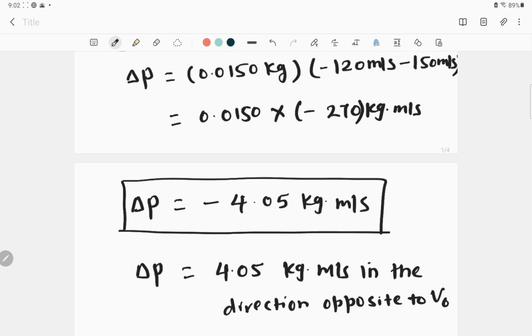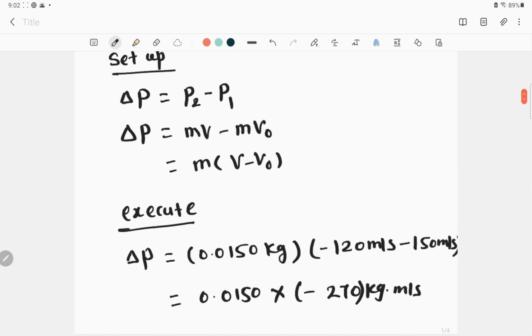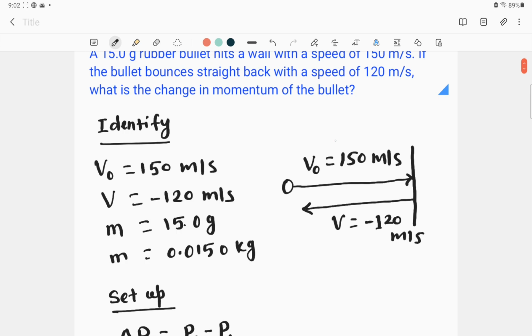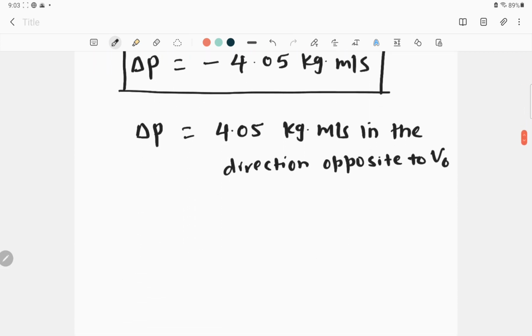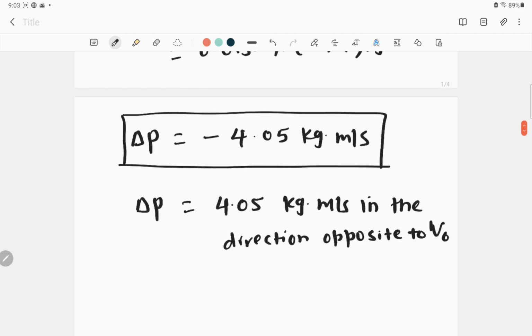Okay, so the direction of the initial velocity is towards the positive x-axis, right, in this direction. So the velocity of the returning bullet will be just opposite to that direction, and the change in momentum will be in the opposite direction to v naught. Okay, so this will be your answer.